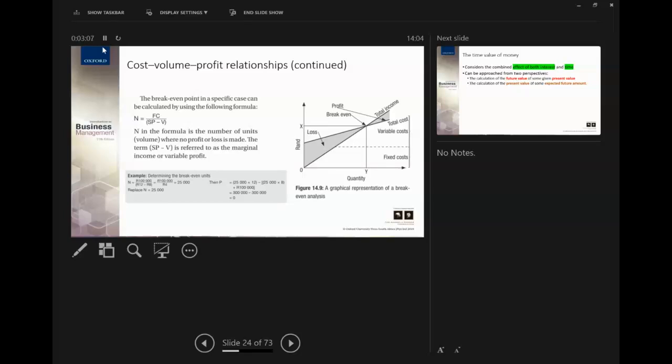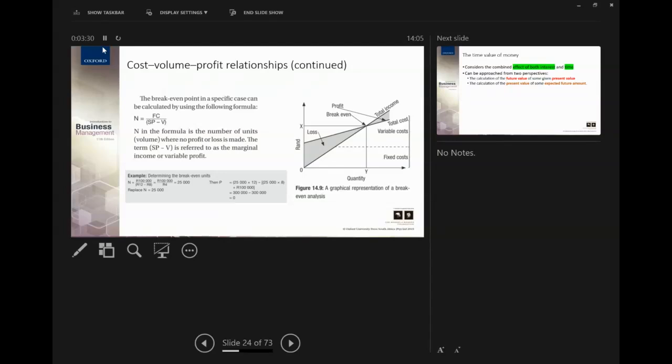So your selling price minus your variable cost obviously gives you your marginal income per unit, or here they're calling it your variable profit. And there graphically, you can see your break-even point: the number of units that you need to produce and sell in order to ensure we're neither making a loss nor a profit.